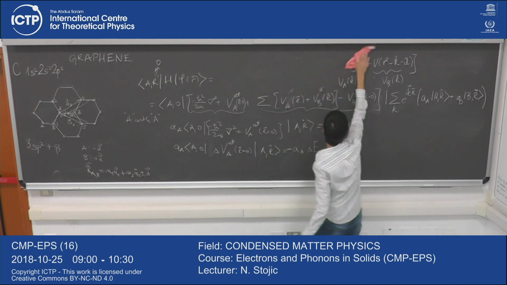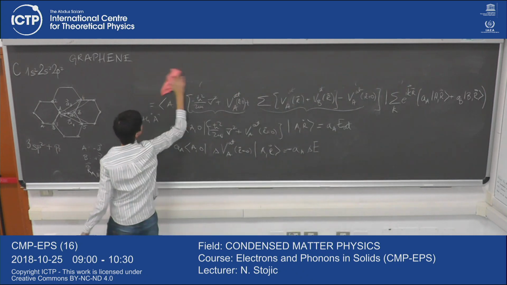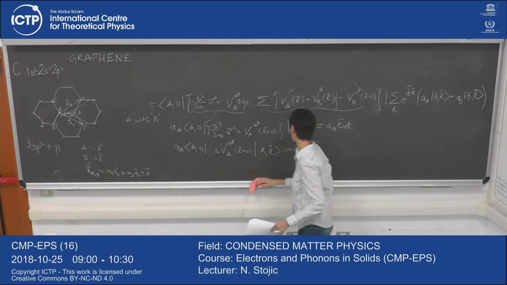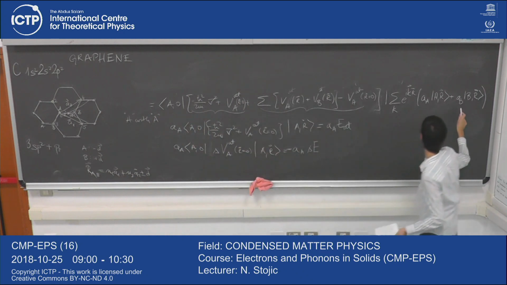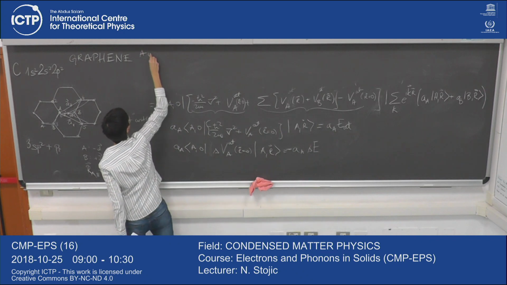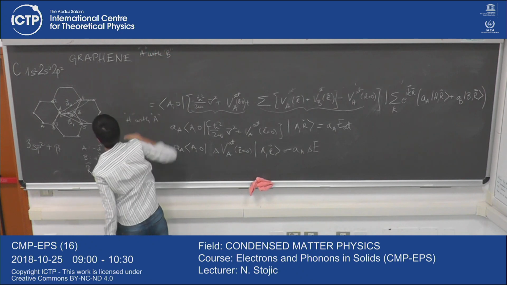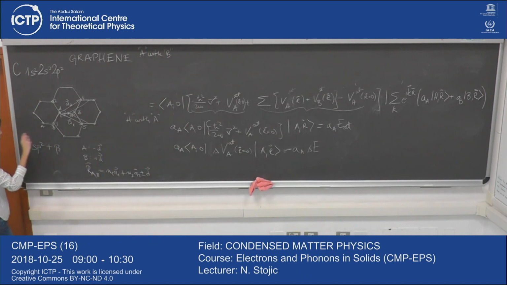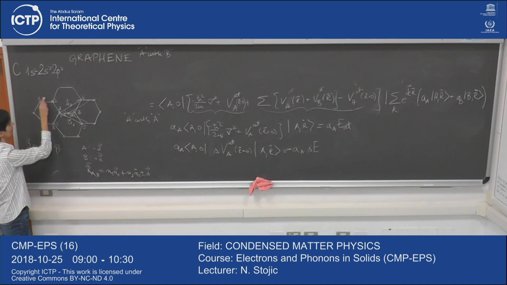Made it the Hamiltonian. And now it's the A with B. This is a bit more interesting. So I have this A, and I'm looking at all the neighbors with B. This is A, B. I have 3 neighbors.